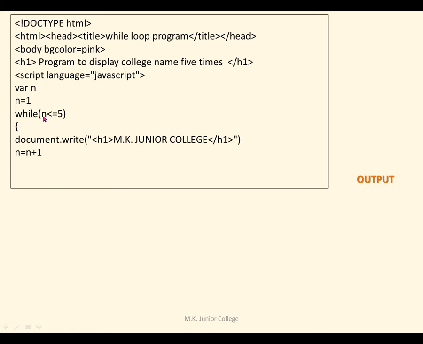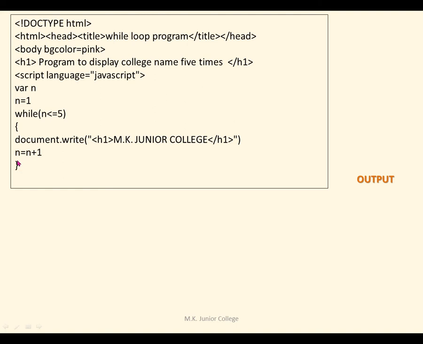That means when n is 1, 1 is less than 5, it comes inside and displays this statement, and then you increase the counter, because I want to move to the second, third, fourth and then fifth. So you increase the counter as n equals n plus 1. That means your n value becomes 1 plus 1, that is 2.